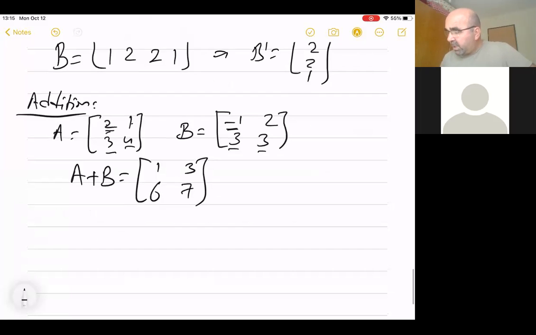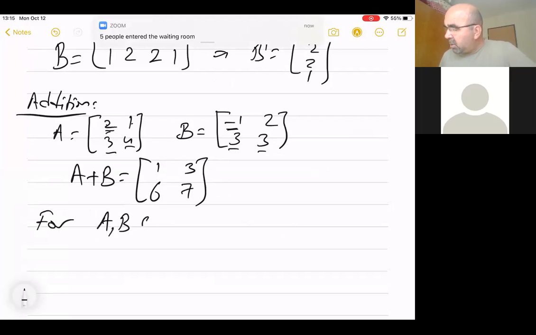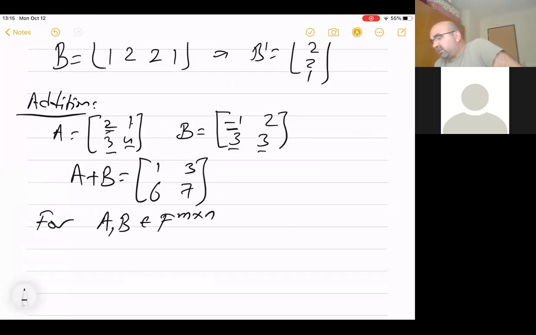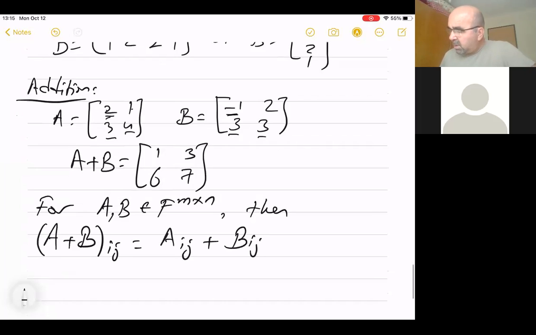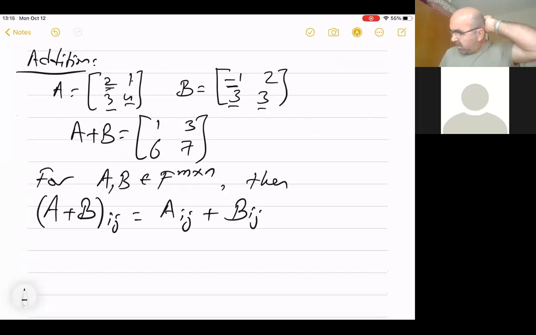And the formula is, for given A and B, if we have two matrices of the same size, then their sum A plus B is the matrix such that its ijth entry is a_ij plus b_ij.